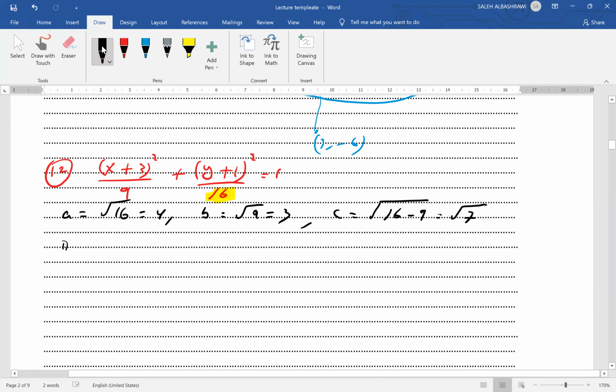So number 1, we can find the center given by this number, minus 3 and minus 1. Take the opposite of the sign, it will be minus 3, minus 1.